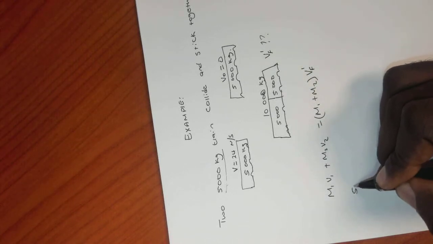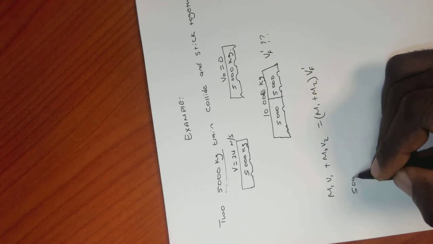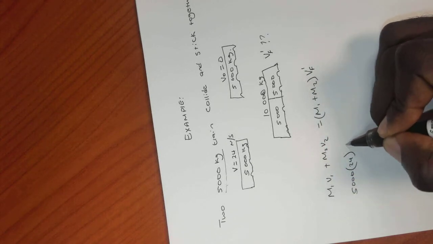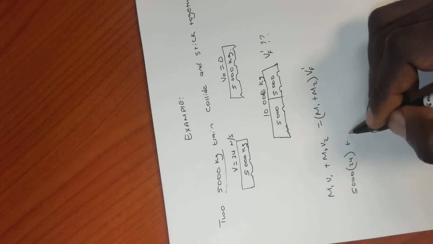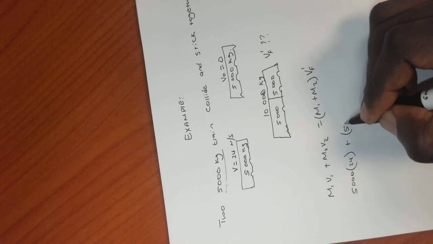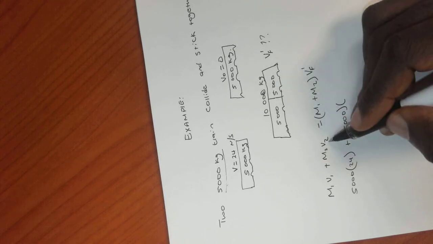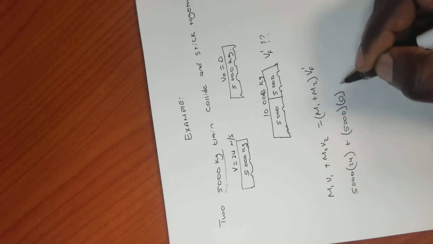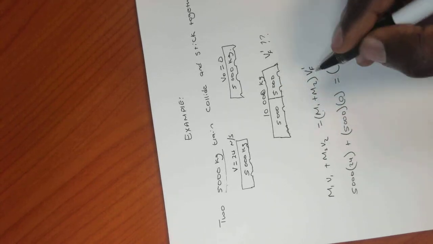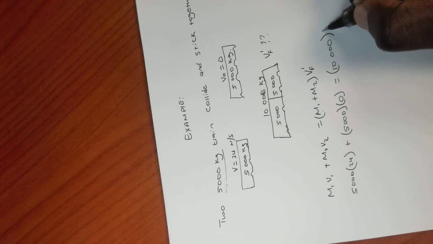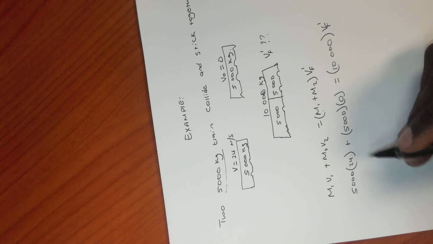So this is 5,000 multiplied by 24 plus m2, 5,000, multiplied by v2, which is 0. This is 5,000 plus 5,000, which is 10,000, times vf.